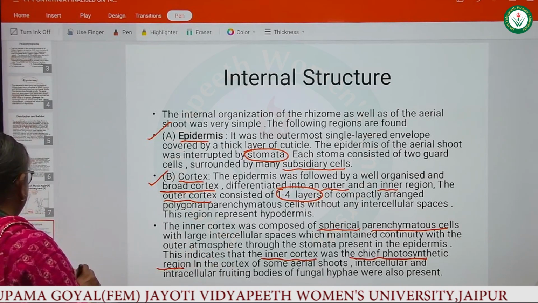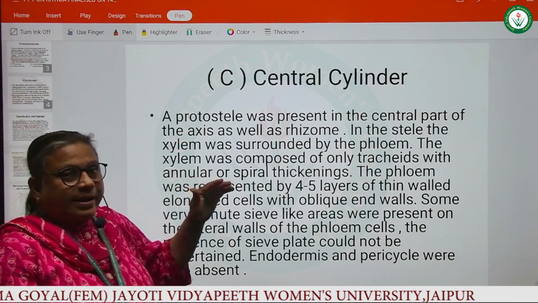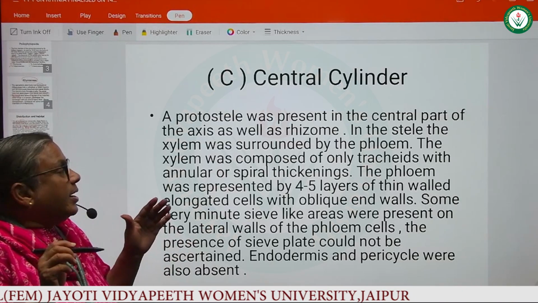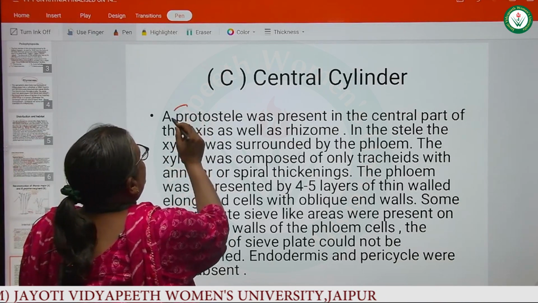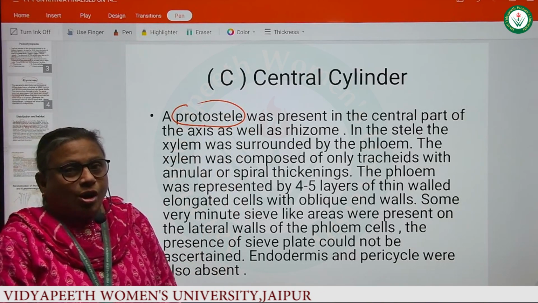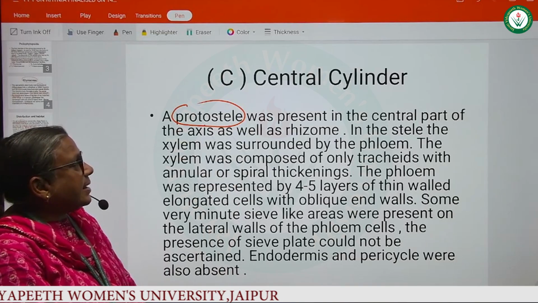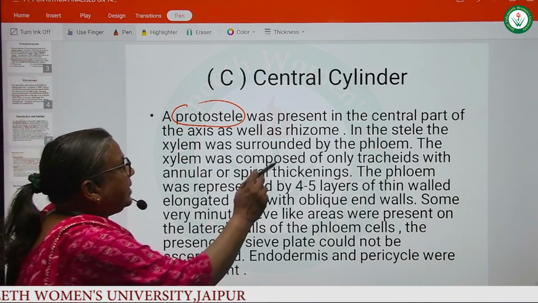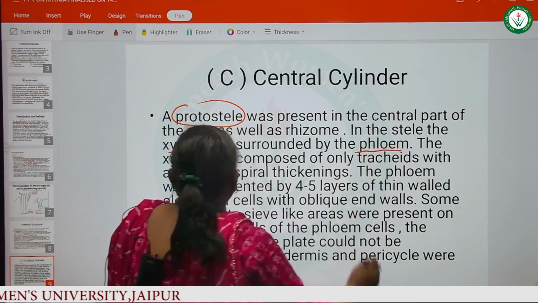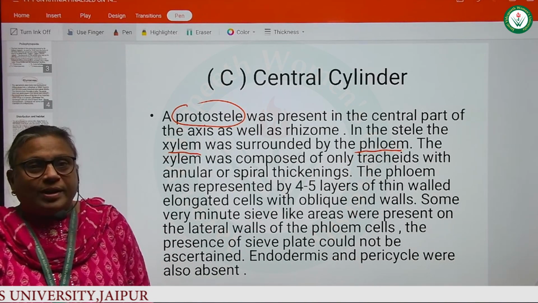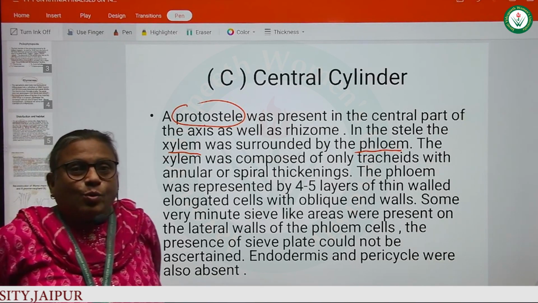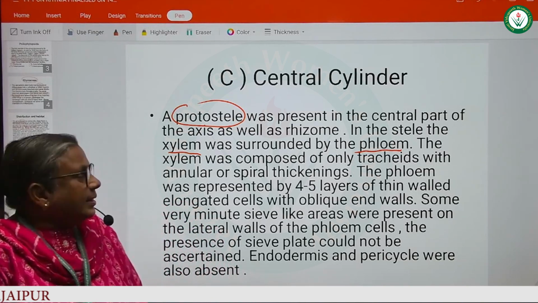Now I talk about the central cylinder, the internal structure of Rhynia. A protostele was present in the central part of the axis as well as the rhizome. In the stele, the xylem was surrounded by the phloem. The xylem was composed of only tracheids with annular or spiral thickenings.